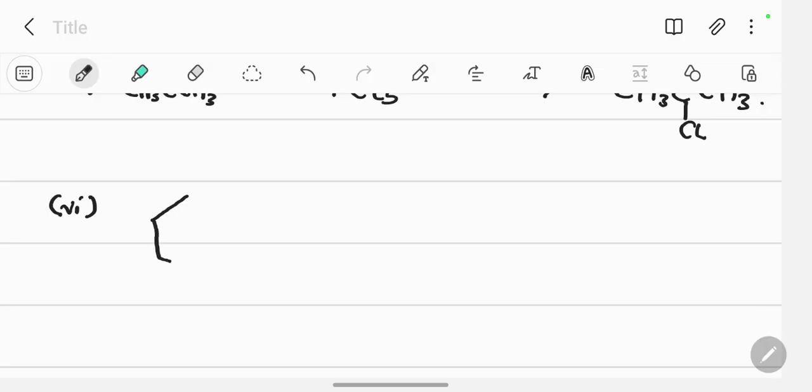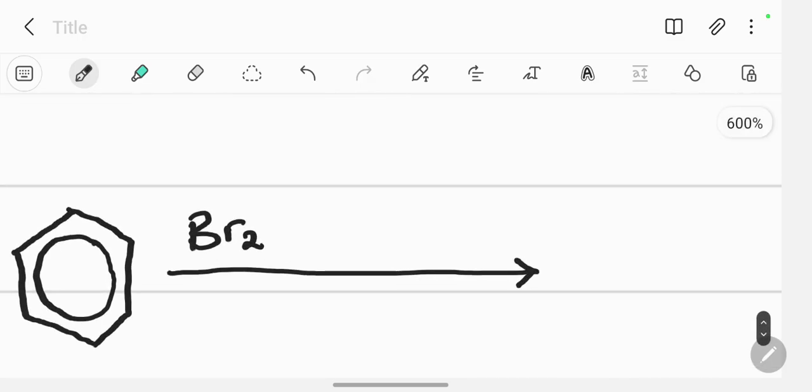So if I'm having my benzene there, then I add in bromine and iron 3 bromide there.